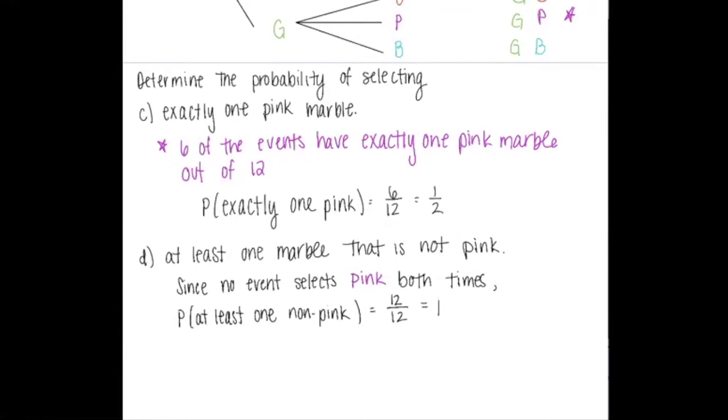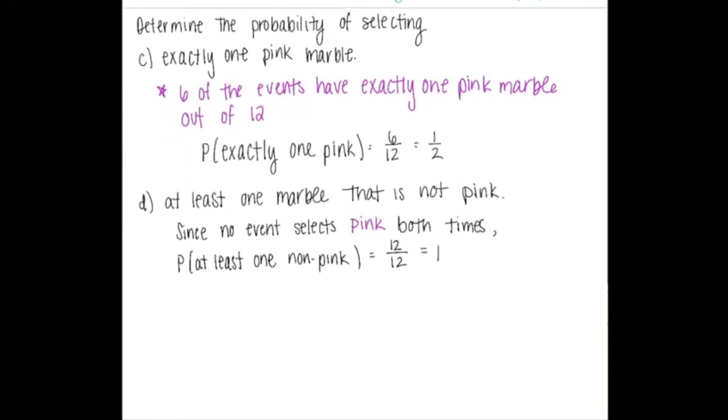So when it starts to get a little more complicated, one thing we can remember is the probability of the event happening at least once is equal to 1 minus the probability that the event doesn't happen.